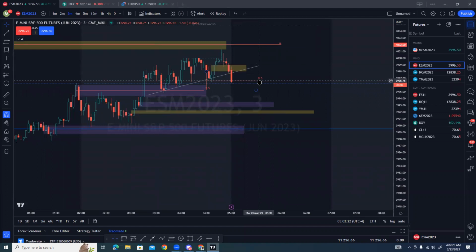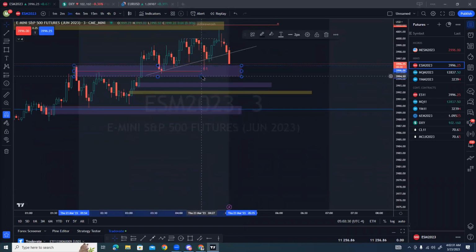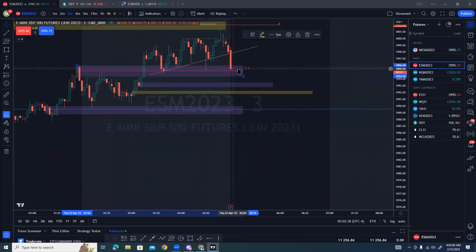There we go. I'm going to take some of these lines and stuff off of here. So I'm not going to be opposed to this not stopping here. I want to see how price reacts to it. I honestly want to see it deeper. I'd like to see it come on down to this guy and then play back through it.